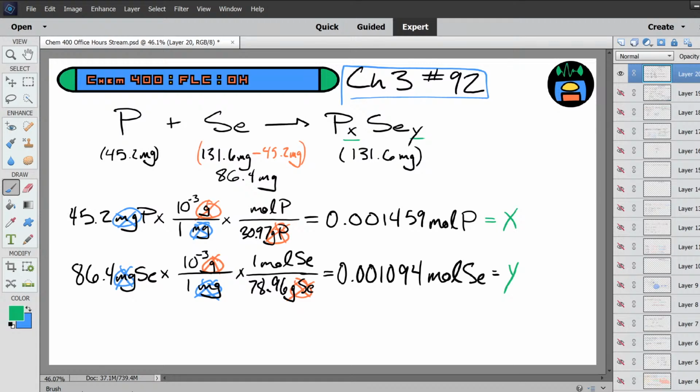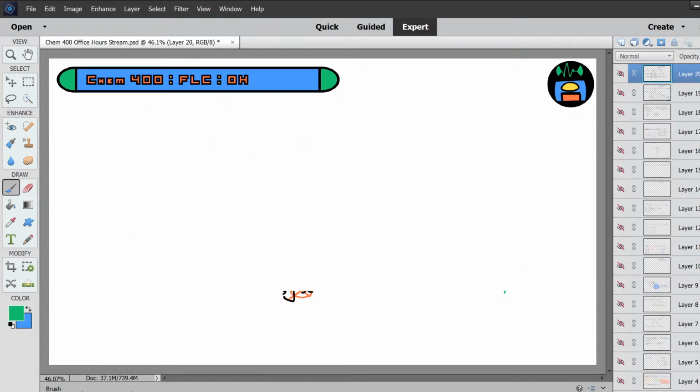All right. Now, these two values, as we said, are the values that we're plugging in for our molar ratio for the empirical formula.